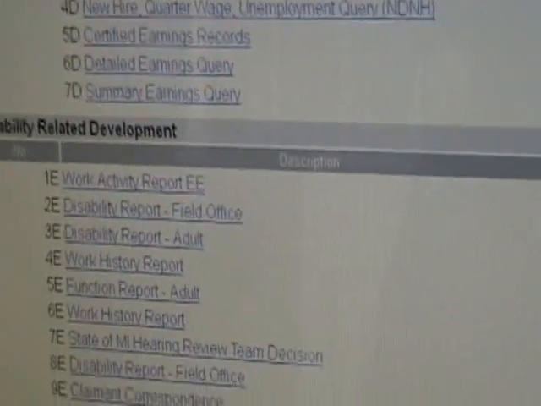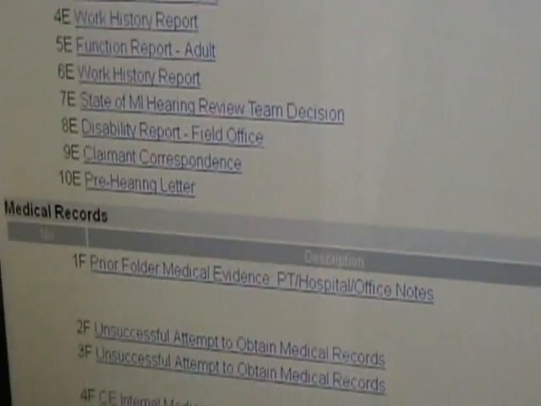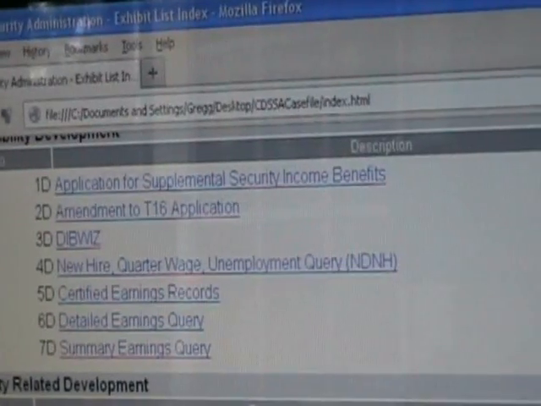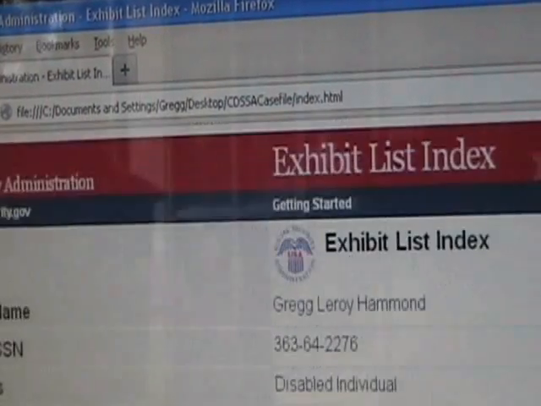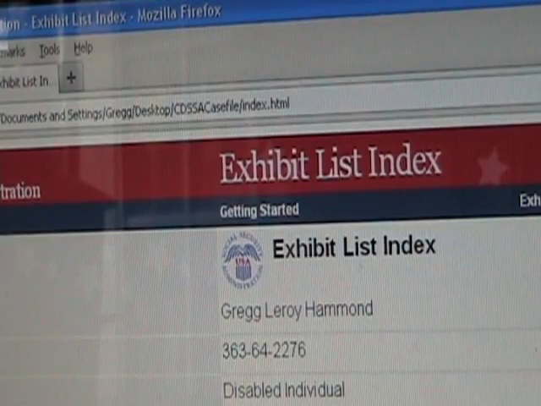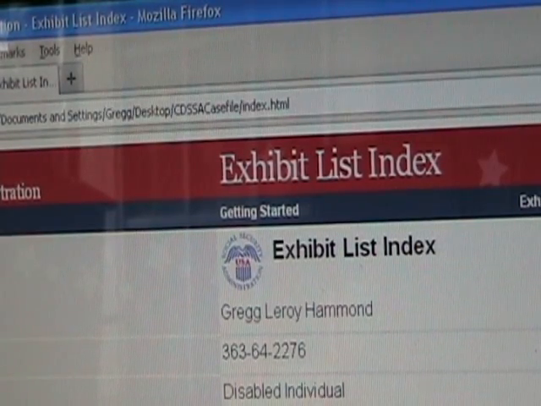And then I'm going to try to move the camera. You can see it goes down as far as 10F, 10E, 7D, 11B, and 2A.